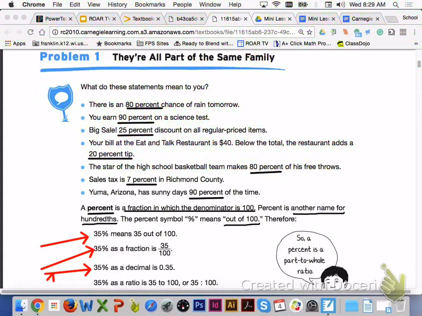And if we look at 35% as a ratio, we could write 35 to 100. So if we think about that, we know that percent is a part to whole ratio.